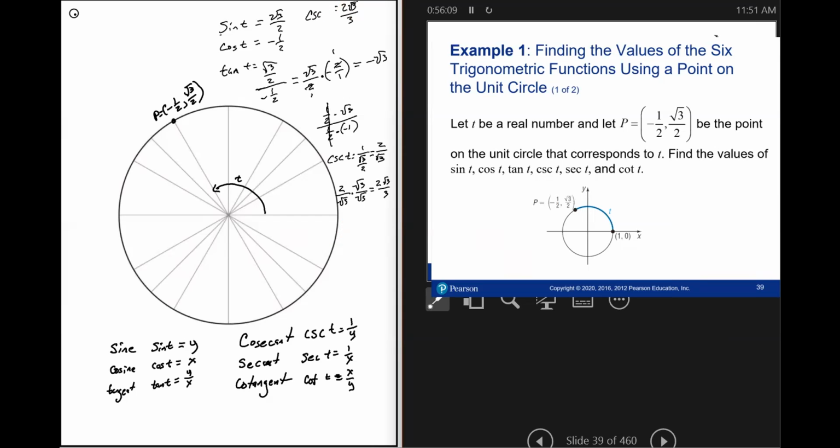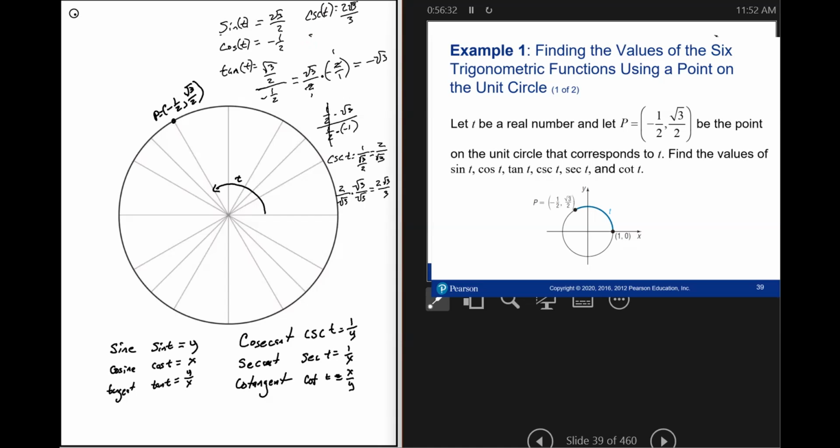The cosecant of t. And a lot of times I'll put the t or whatever I'm taking the function on inside parentheses, so it's very clear about what's happening there.